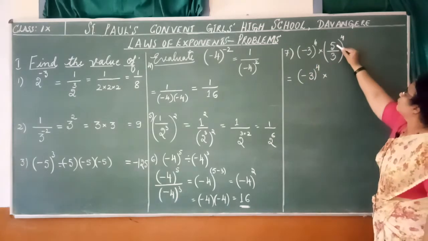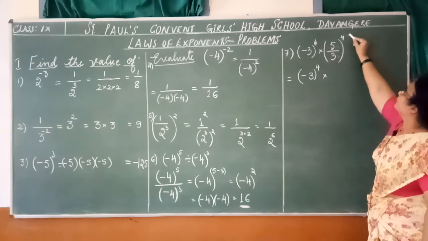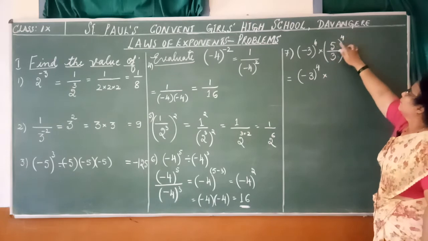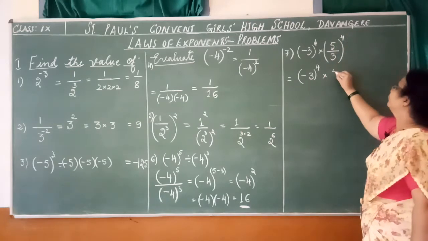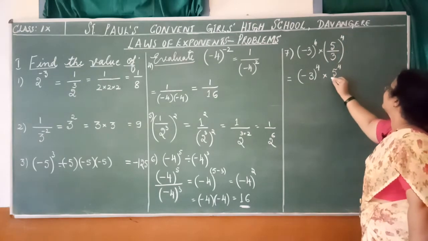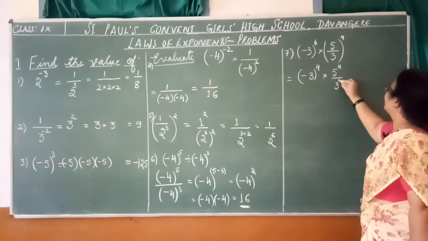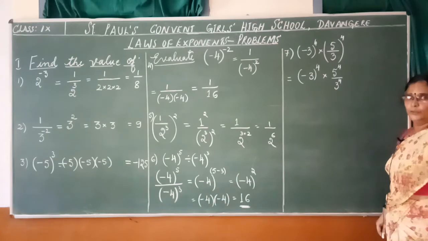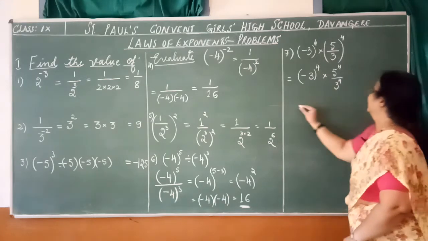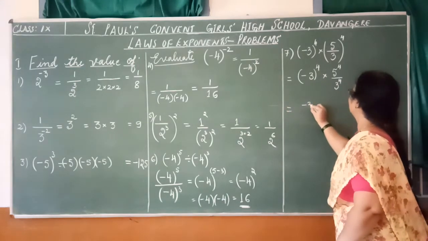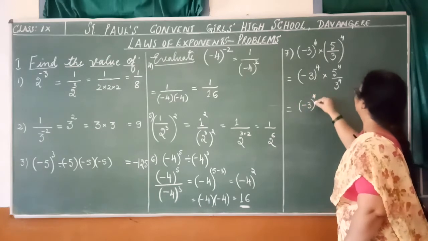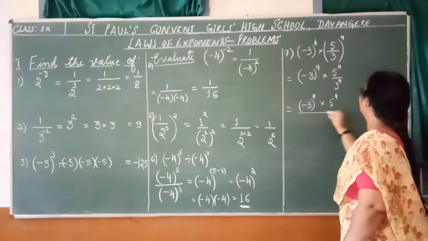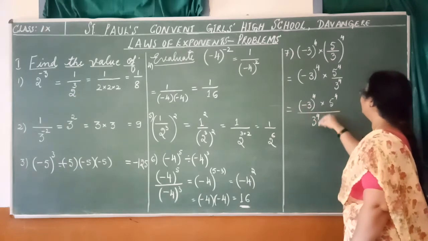This is in the form of a by b whole to the power of m, so a to the power of m by b to the power of m, we shall distribute: 5 to the power of 4 by 3 to the power of 4. We have common bases here. We will keep one side. That is equal to minus 3 to the power of 4 into 5 to the power of 4 by 3 to the power of 4.